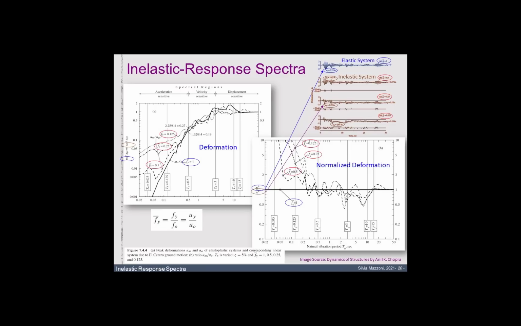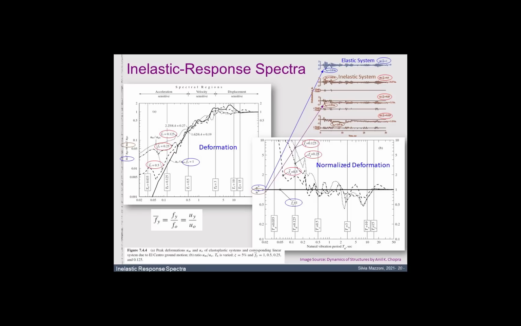And look at what's interesting here: short period structures are very sensitive to displacements. They get really, really large displacements once you have yielding. And it's important because that's a very different type of response than these more flexible structures.